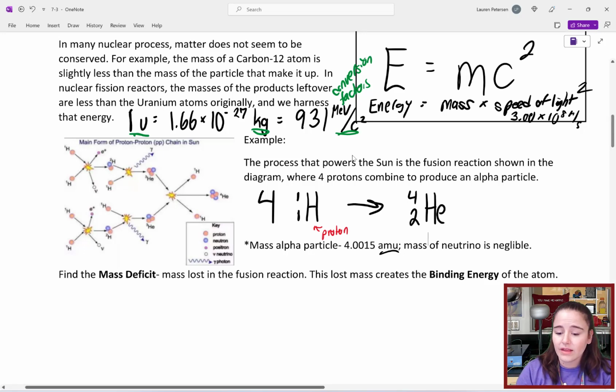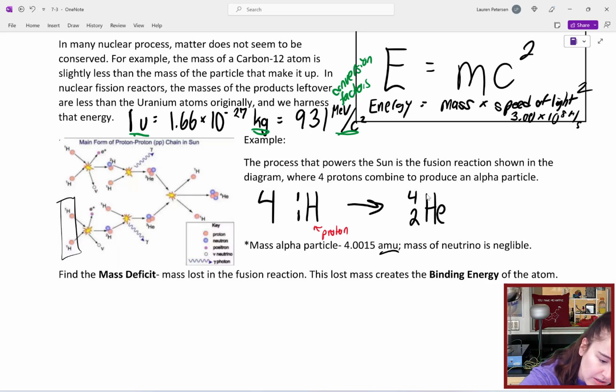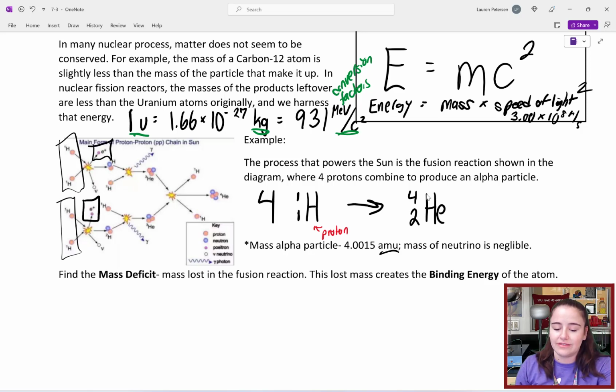Here we can see that 4 times 1, that's conservation of nucleon number, but we're not quite getting conservation of protons. We got 4 protons, and by the end there are only 2 protons. 2 of those protons turn into neutrons. We can also see that in this reaction in these 2 e positives that are released.